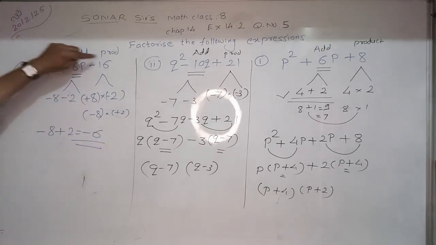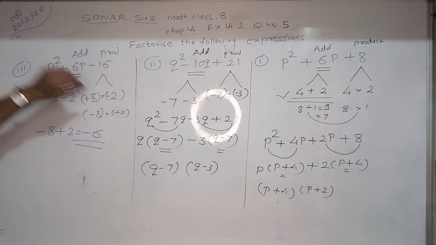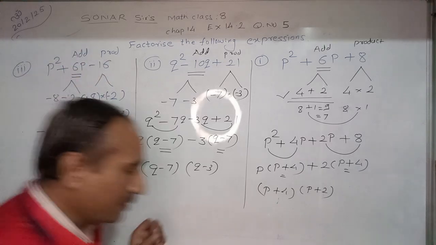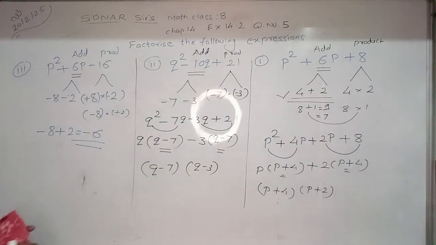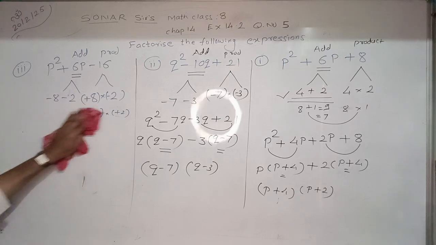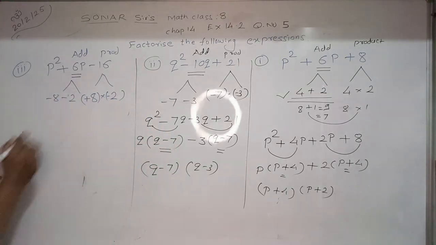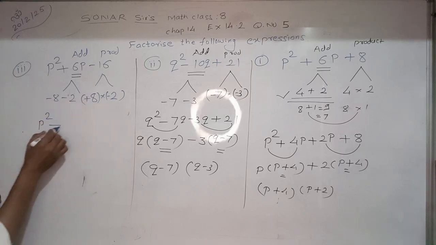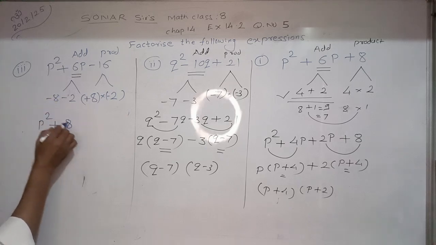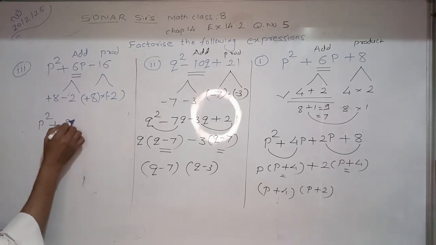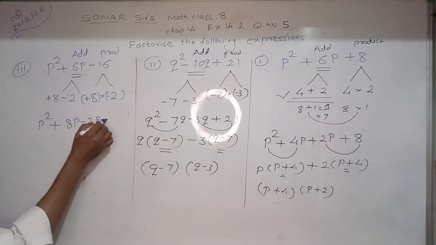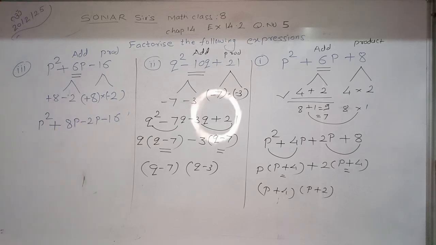So both conditions must be satisfied by the factors that we are going to consider. So in this way we found the factors plus 8 and minus 2. So we can split the middle term, that is plus 8p minus 2p minus 16.